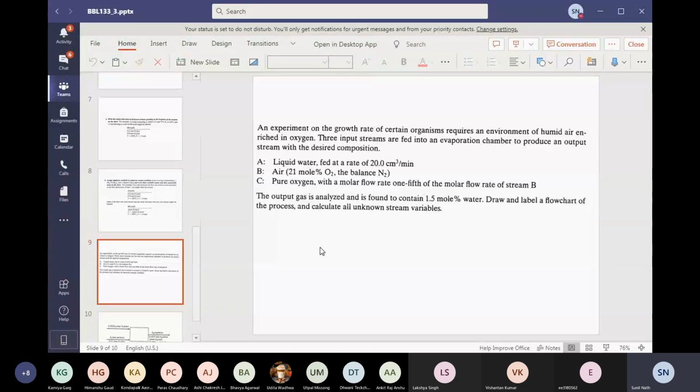And give this stream a symbol. What symbol? L for liquid or water, W for water, whatever you want.